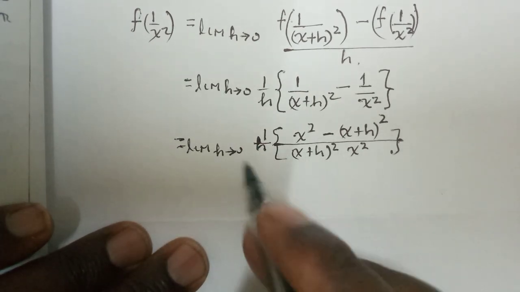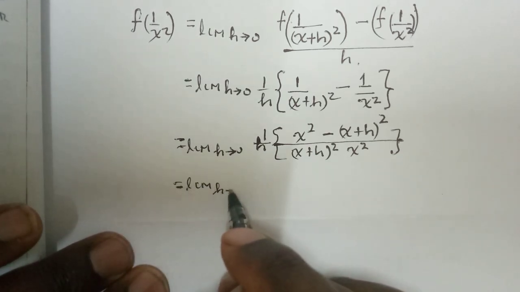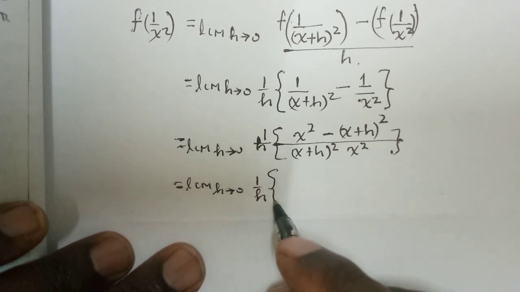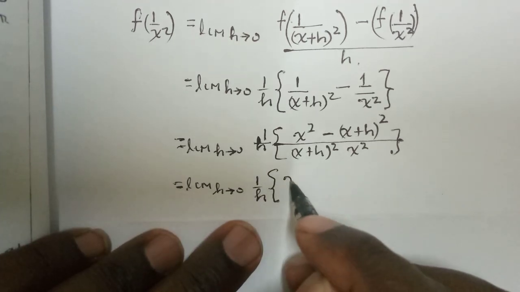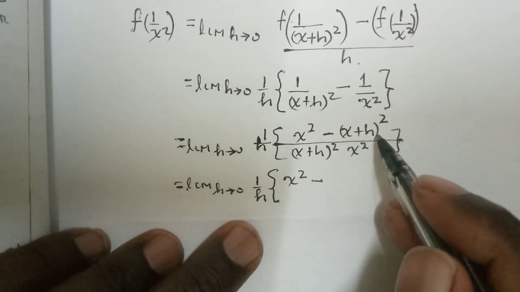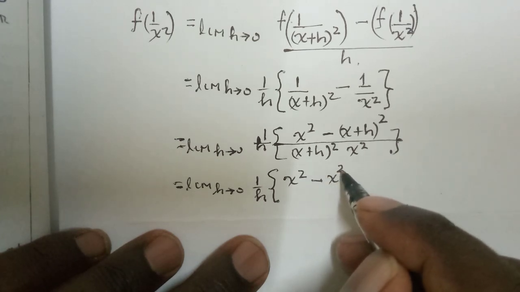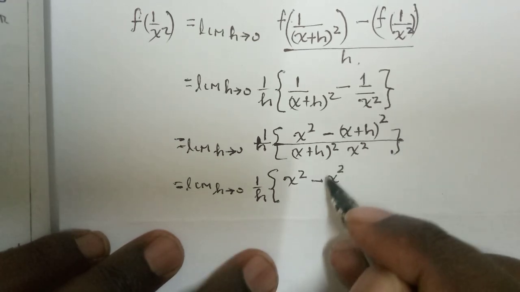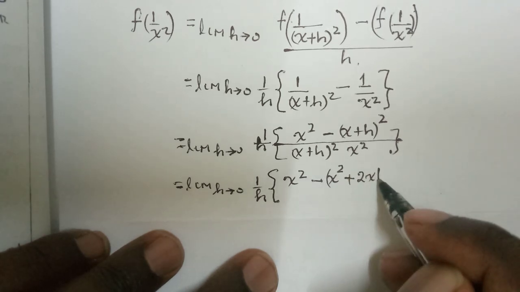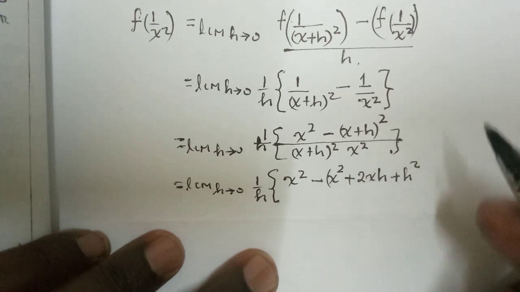This one will be limit as h tends to 0, 1 over h, you'll have x squared there, minus, you can use the binomial theorem for that, you'll have x squared plus 2xh plus h squared.